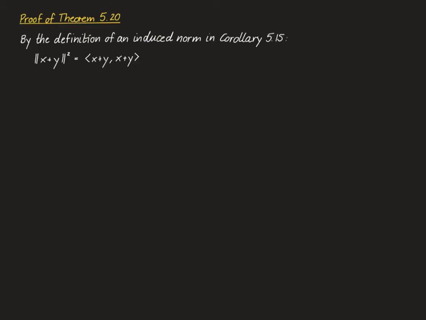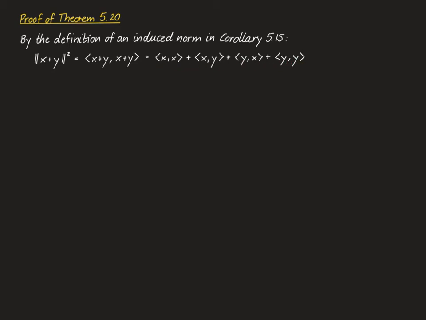By the definition of an induced norm in Corollary 515, we can write the norm of x plus y squared as the inner product of the vector x plus y with the vector x plus y. By conjugate linearity in the first argument and linearity in the second argument, we can rewrite this inner product as the sum of four inner products.